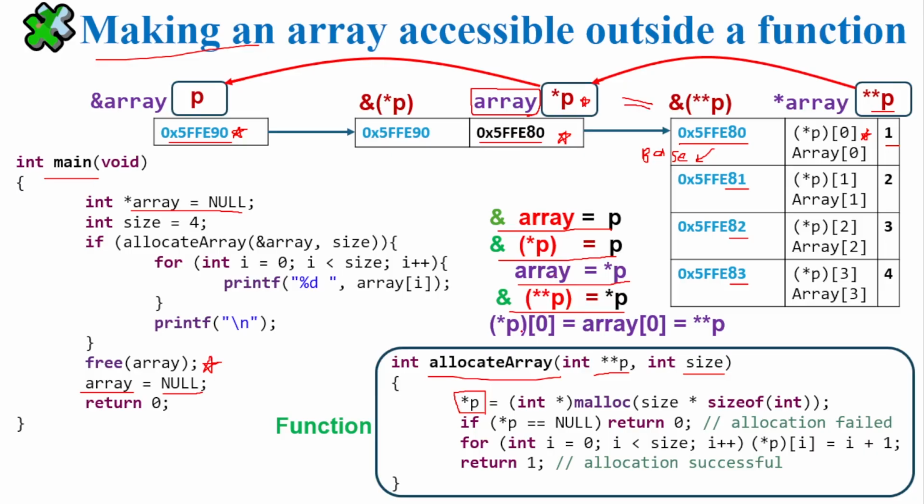Finally, when we access the first element of that memory, all forms refer to the same location and the same value. So *p[0] == array[0] == **p.